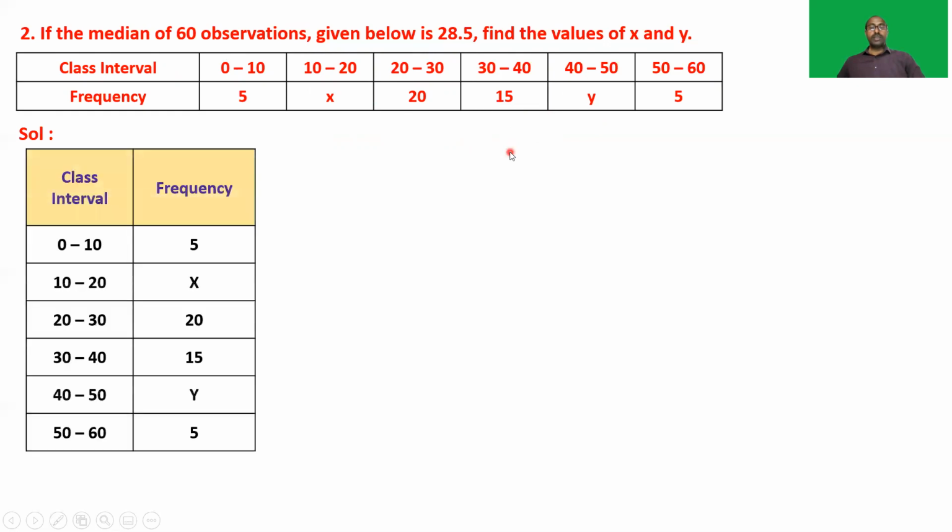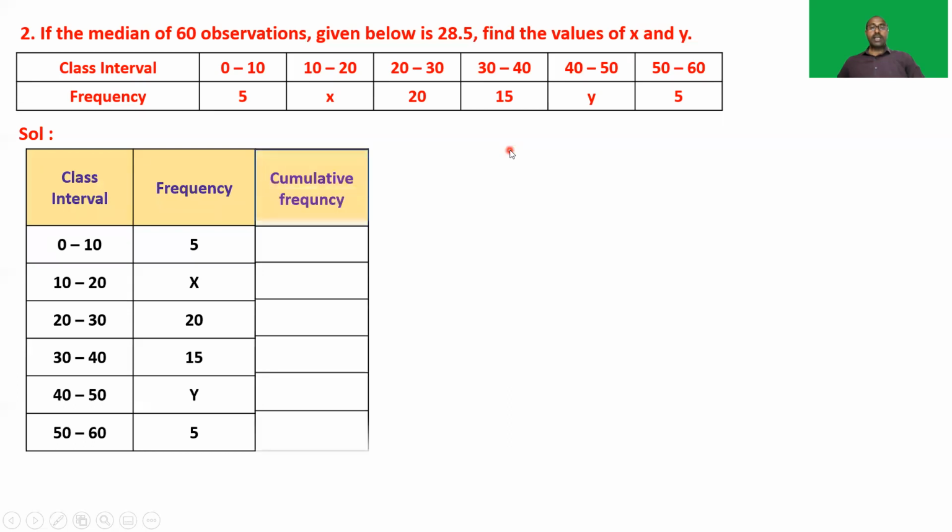So take the table as it is given. Now, the third column, cumulative frequencies. In the first row, the cumulative frequency is 5. In the second row, 5 plus x. In the third row, 5 plus x plus 20 is 25 plus x.